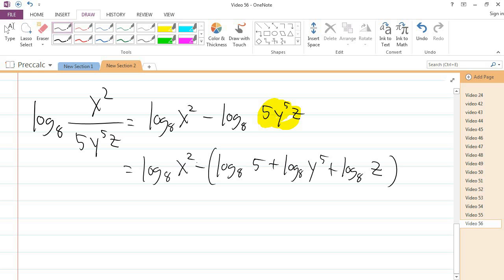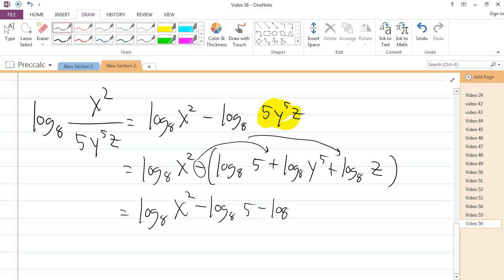And then I should distribute the negative. Log 8 of y to the 5th minus log 8 of z. Now, I'm not finished with this yet because I still have to handle my exponents.